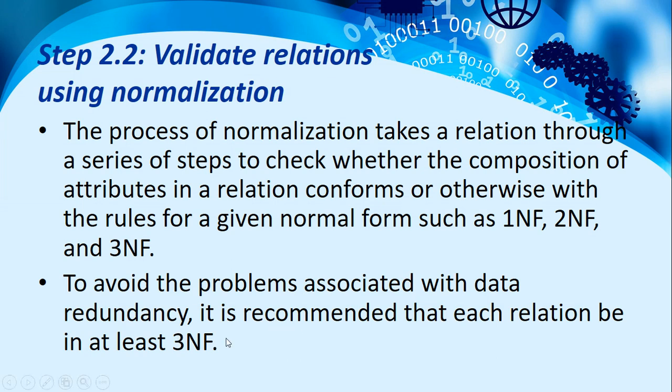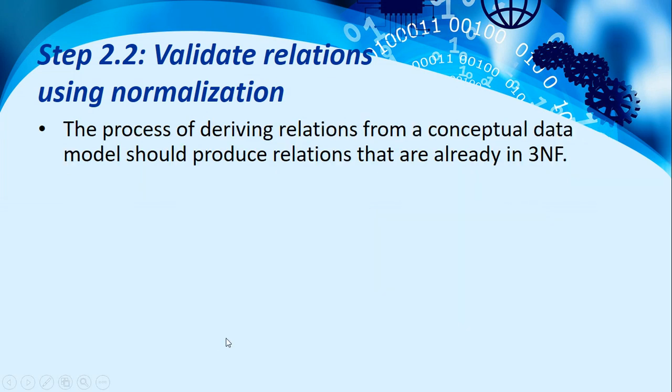The process of deriving relations from a conceptual data model should produce relations that are already in 3NF. So take note, when you derive relations from the conceptual data model, they should already be in third normal form.